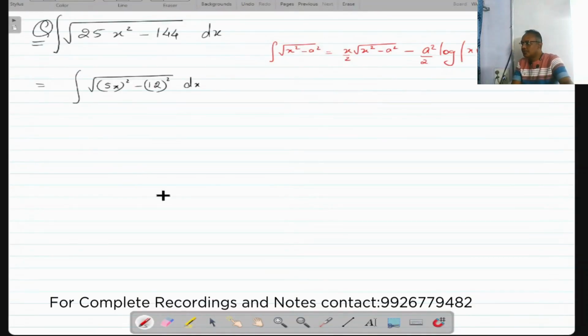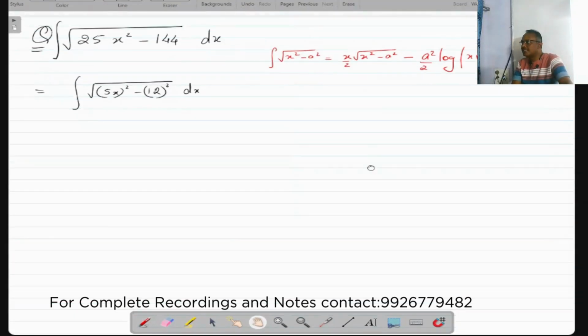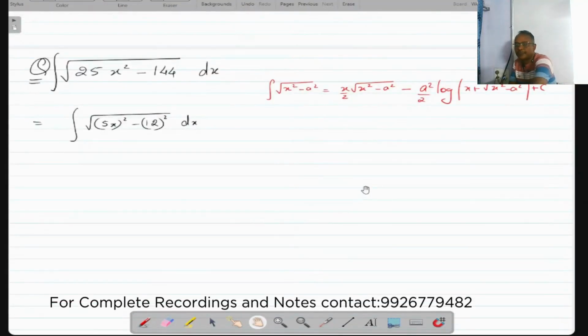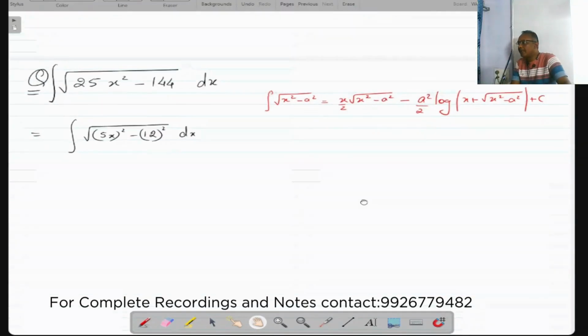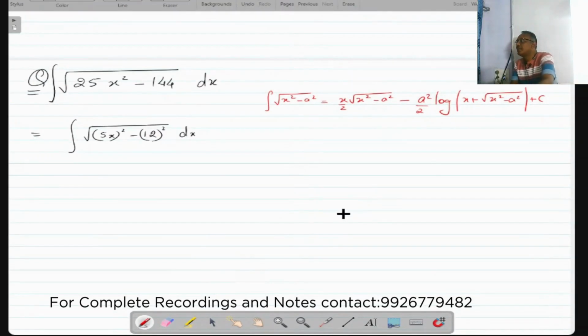Okay, so I'll use that same formula here. This will become 1 by 5, and wherever there is x you are going to write 5x. So the answer would be x by 2.